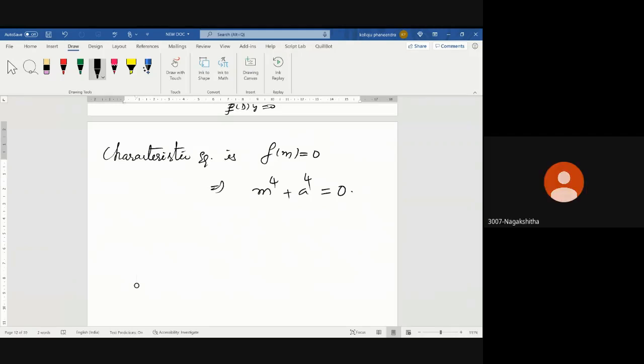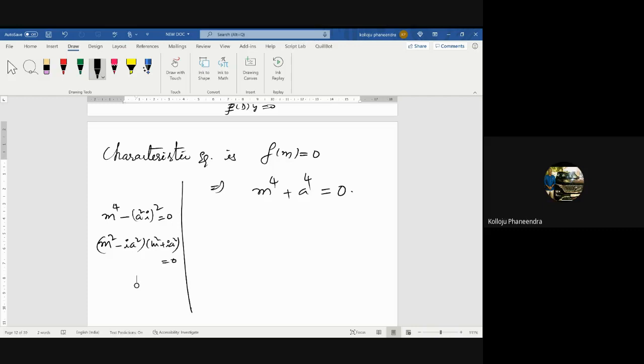Sir, we can write this equation as m power 4 minus (a square i) whole square. Yes, come again. M power 4 minus (a square i) whole square. Next step, I'm splitting this as m square minus a square i into m square plus a square i, correct?